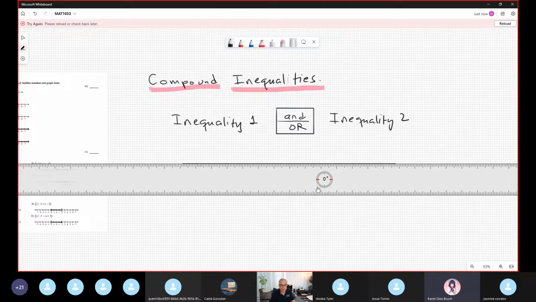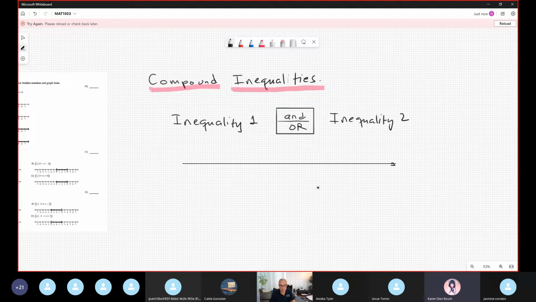Now, suppose you're solving the first inequality and the second separately. It's a 0 hypothetically. Suppose that the solution for inequality 1 is that piece.